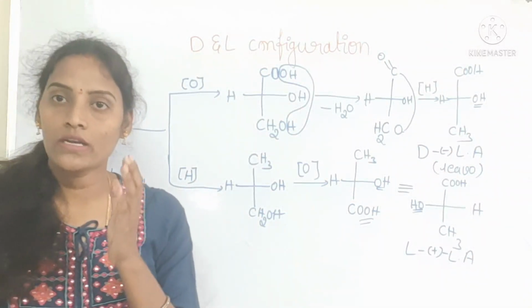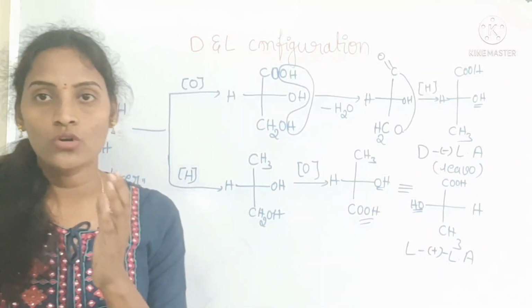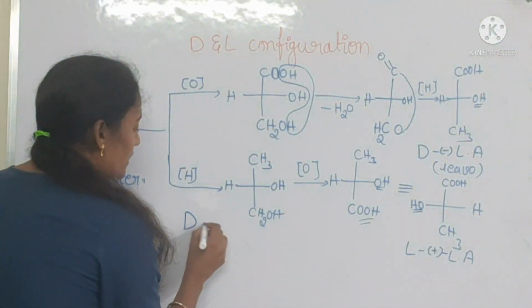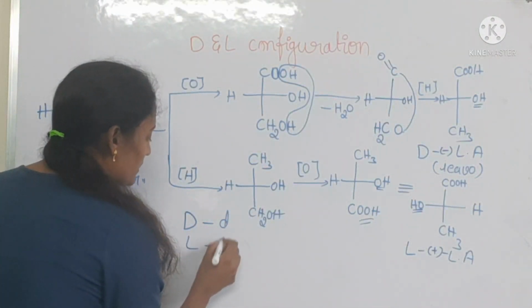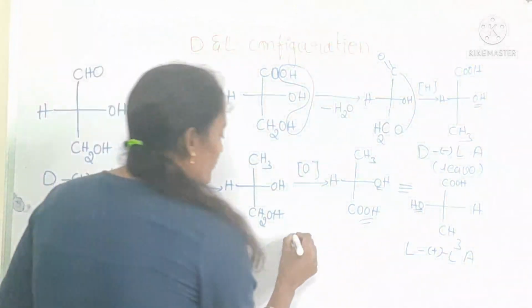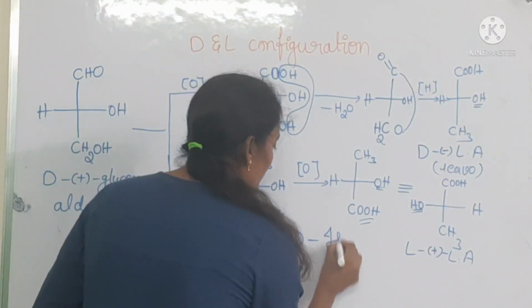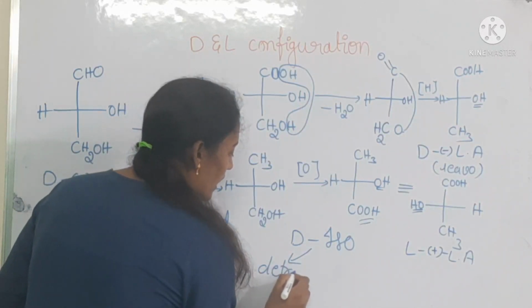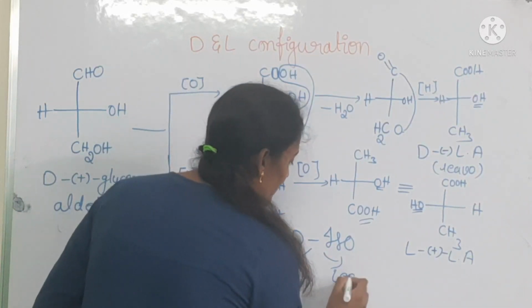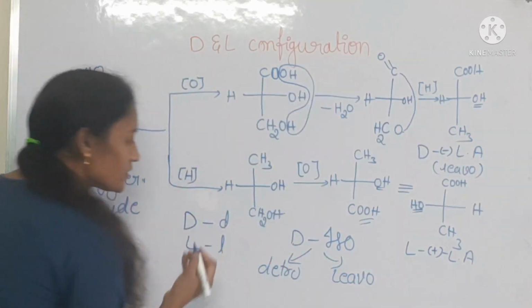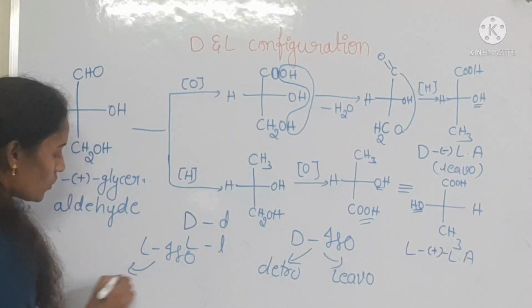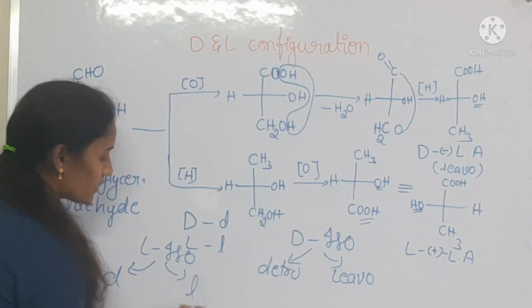There is no relation between capital D and small d, capital L and small l. If a D isomer is there, it may be dextrorotatory or levorotatory. If an L isomer is there, that also may be dextro or levorotatory.